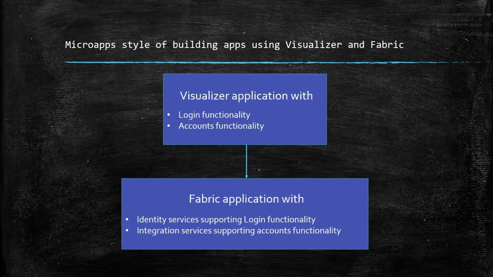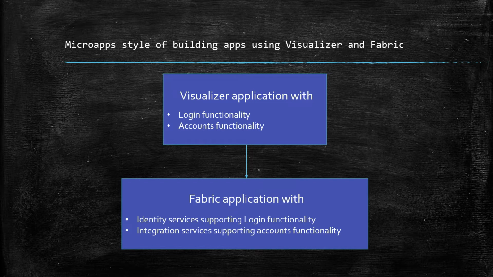In Visualiser, we create a project and we create multiple form groups, each group indicating a functionality that we are building as part of the application. For example, as you see here on this slide, we can build login functionality and accounts functionality as part of a Visualiser application.